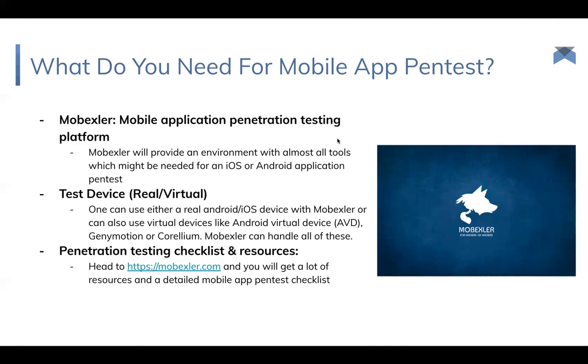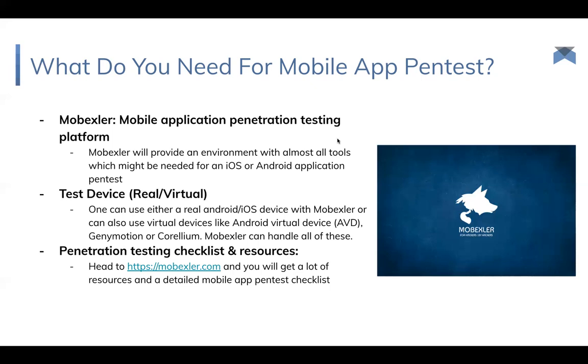Both are amazing platforms, but I think Genymotion only provides Android devices. If you want a single platform which provides both Android as well as iOS devices, Corellium is something you can look into, right? And Mobexler has been customized in such a way that it supports both Genymotion as well as Corellium. So you don't need to do any other setup in order to get to that.